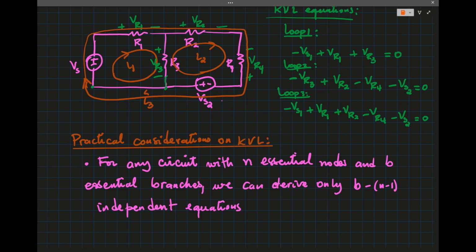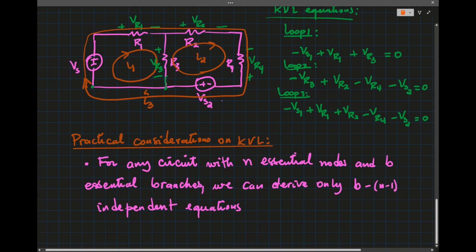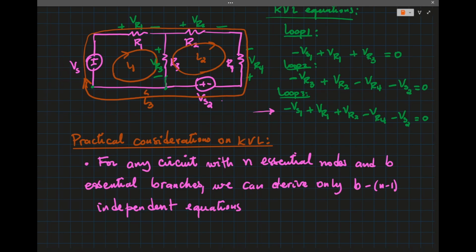So for this network that I have in here, you might notice later on, when we apply these considerations, that the third loop is not really needed. It's a valid loop equation, but to get the minimum set of equations to find the voltages and the currents, the first two are well enough. You can write as many as you want, but we're going to find out that we don't really need all of them.